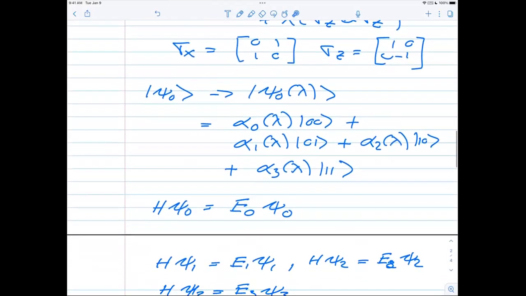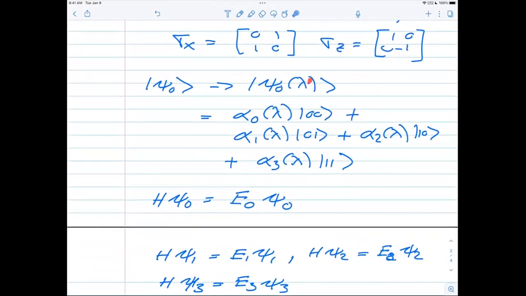Depending on the strength of this parameter lambda, when lambda is equal to 1, we have the full interaction. When lambda is 0, we have the so-called non-interacting system. So that means that these states here, depending on the strength of lambda, may be less dominant or more dominant.